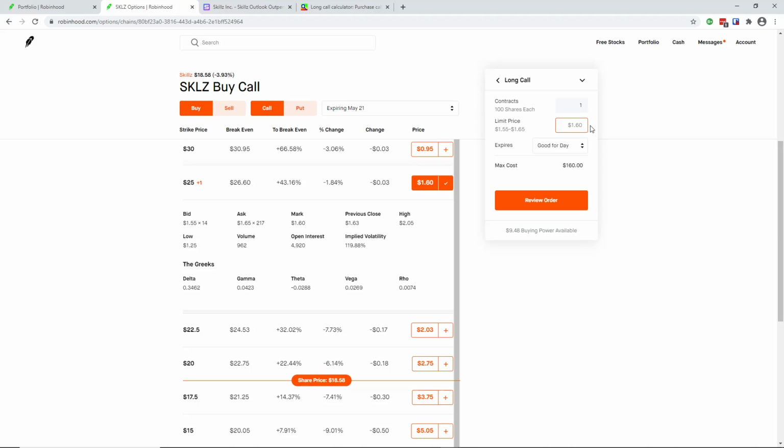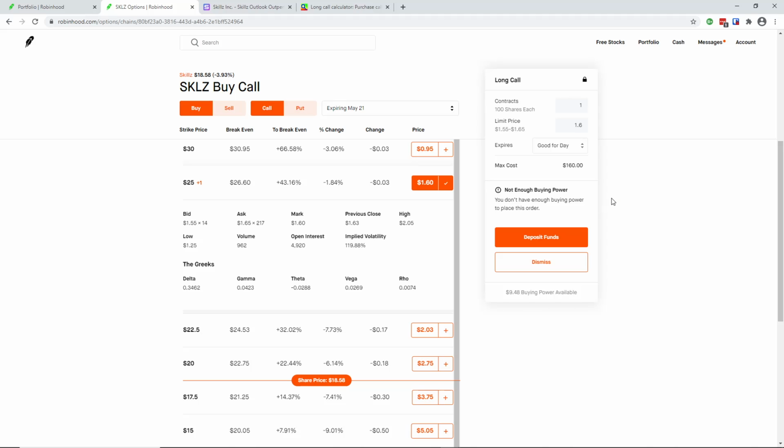Earlier, I believe the bid ask was with the bid at $1.50 and the ask $1.55. So I went all the way down to $1.50. I believe it took like 30 minutes to get assigned. So you got to keep that also in mind. So essentially, you just do this review order.